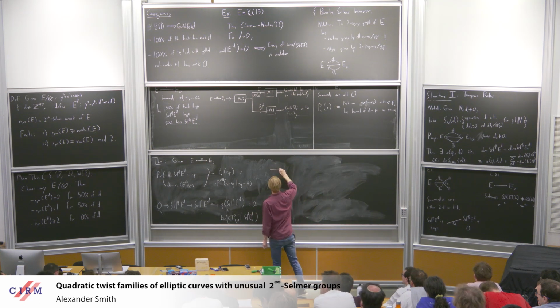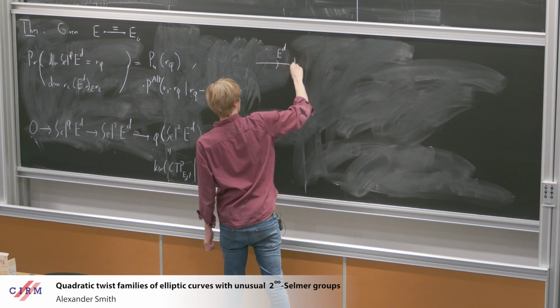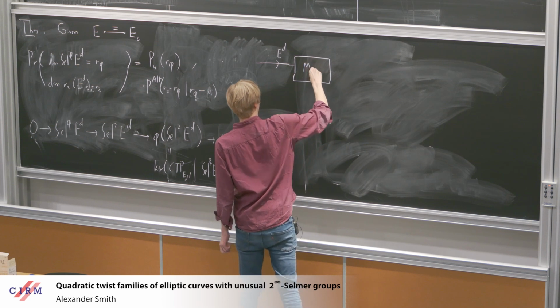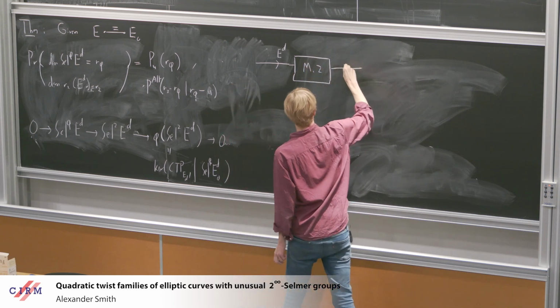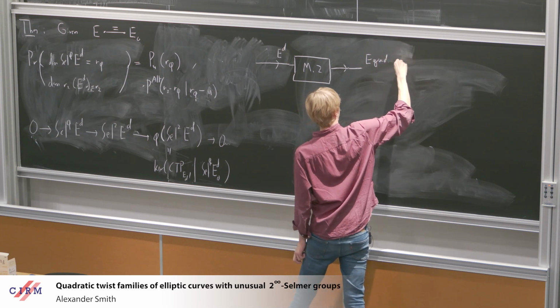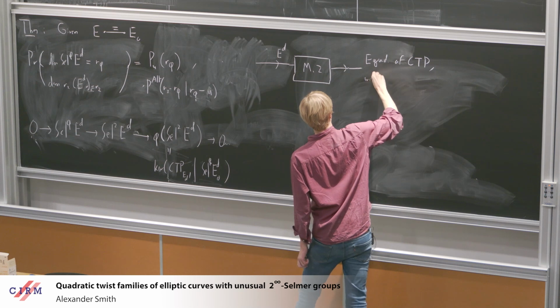So when we just put in ED into machine 2, it actually works okay. We do in fact get an equidistribution statement of the Cassels-Tate pairing, but with a blind spot.